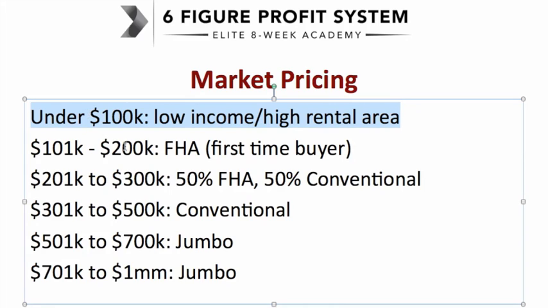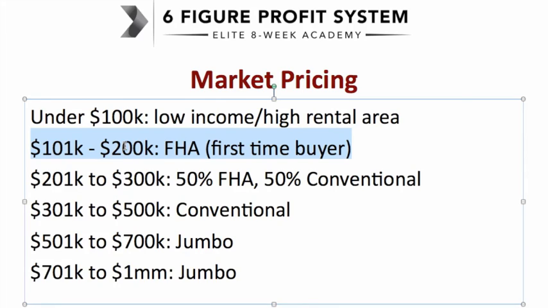The second one is the 100 to 200. Buyers in that market are usually FHA. What I'm trying to do here is make a correlation between the price point and the type of buyer in that price point. So 100 to 200 is usually your first-time buyers.